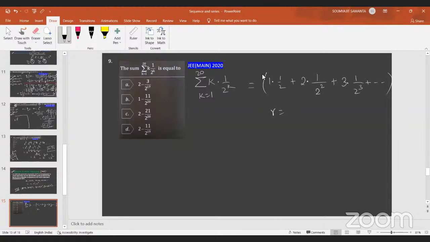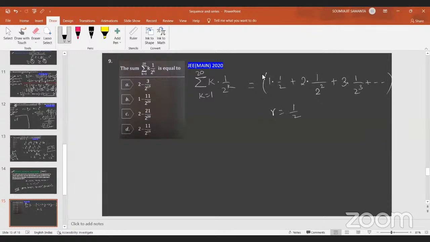Oh, common ratio. 1 by 2. Common ratio is not R. No, sir. I was going to say it one. Okay. Common ratio R as 1 by 2.